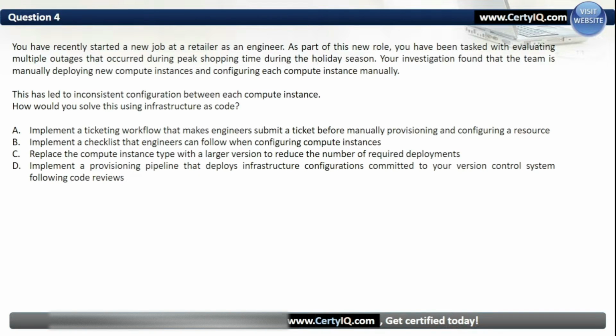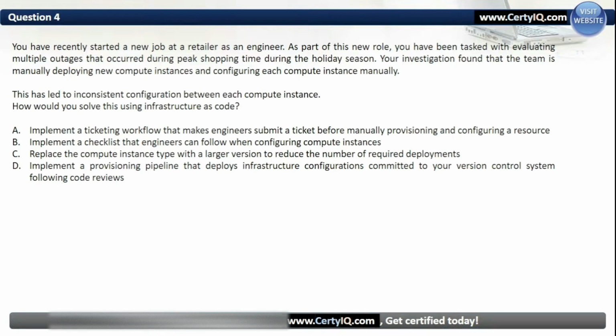Question 4. You have recently started a new job at a retailer as an engineer. As part of this new role, you have been tasked with evaluating multiple outages that occurred during peak shopping time during the holiday season. Your investigation found that the team is manually deploying new compute instances and configuring each compute instance manually.